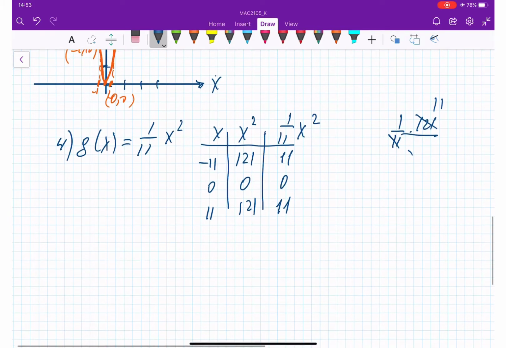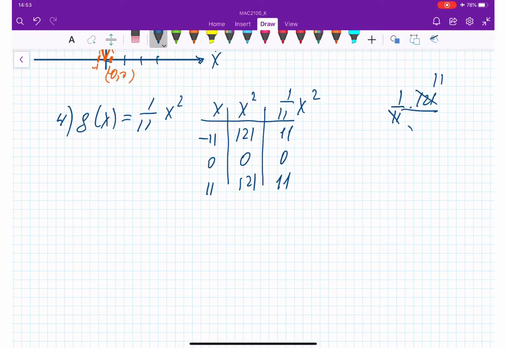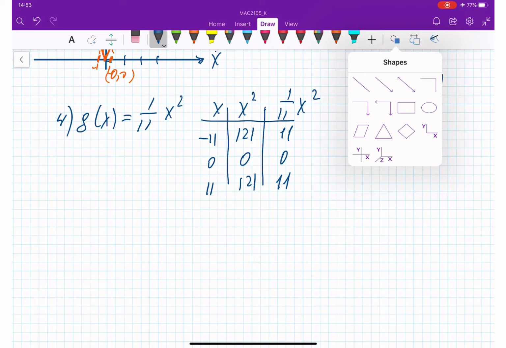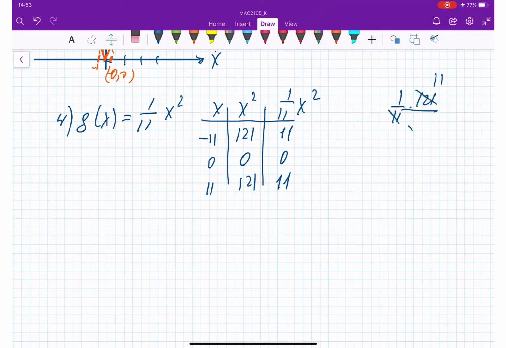Okay, let's build a graph. Let's see how we are going to build this graph. All right, so if I go by 3, 3, 6, 9, and 12. Okay, let's go by 2 or 1 even. We can afford 1.